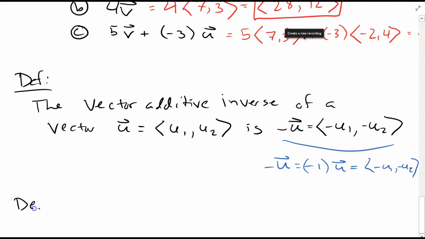So now that we have the vector additive inverse, we can define what we mean by vector subtraction. Because if you think back again to your elementary school, what other way can we think about a subtraction problem? Like 5 minus 3, you could also think about as 5 plus negative 3, which is exactly what we're going to do here with vectors.